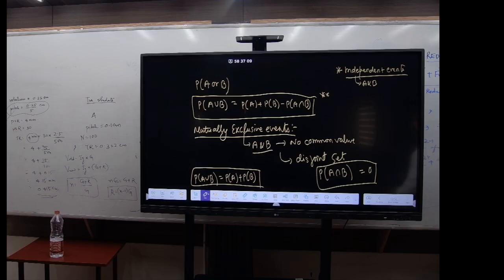Okay. So in case of independent events, remember, this is there in 12th. I will tell you from conditional probability. Here, probability of A intersection B will be equal to probability of A into probability of B. Very important, very, very important.